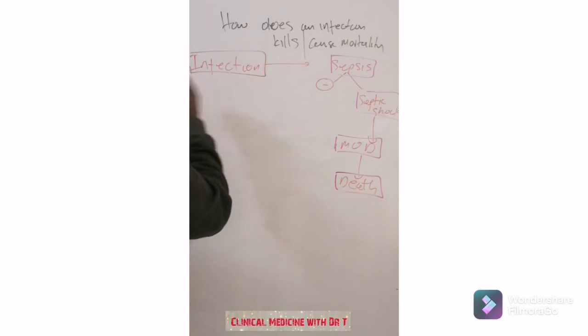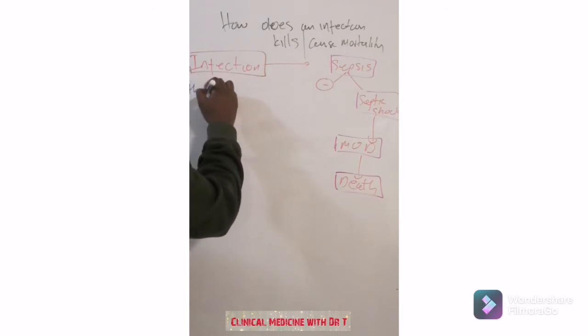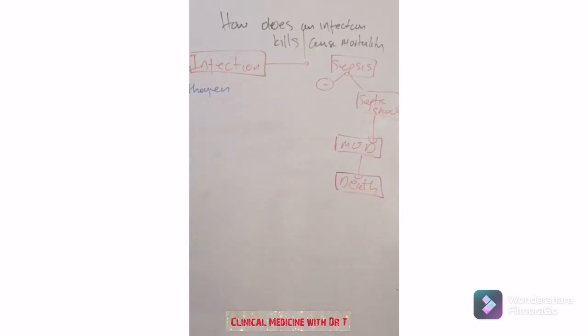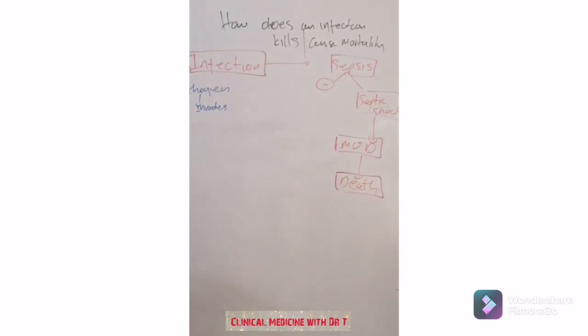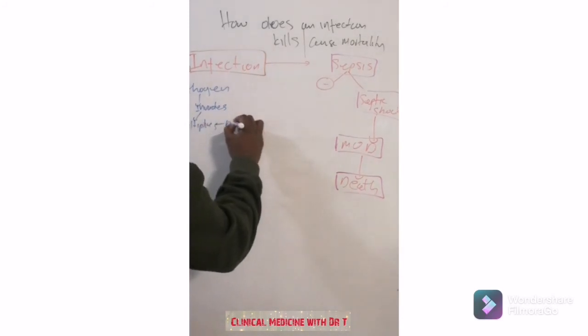So we say you've got a pathogen. This pathogen comes in and invades the tissues. In the process of invading the tissues, it multiplies, and as it multiplies, it damages the tissues.